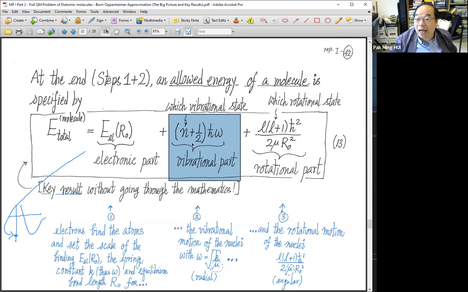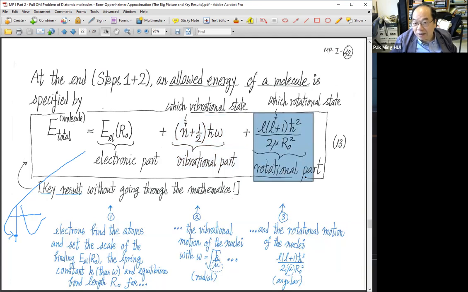It is not the end of the story because it's 3-dimensional. The molecule can also rotate, right? It can also rotate and thereby it has a rotational energy. So you see the ground state is this number plus half h bar omega with n equals 0 and L equals 0.